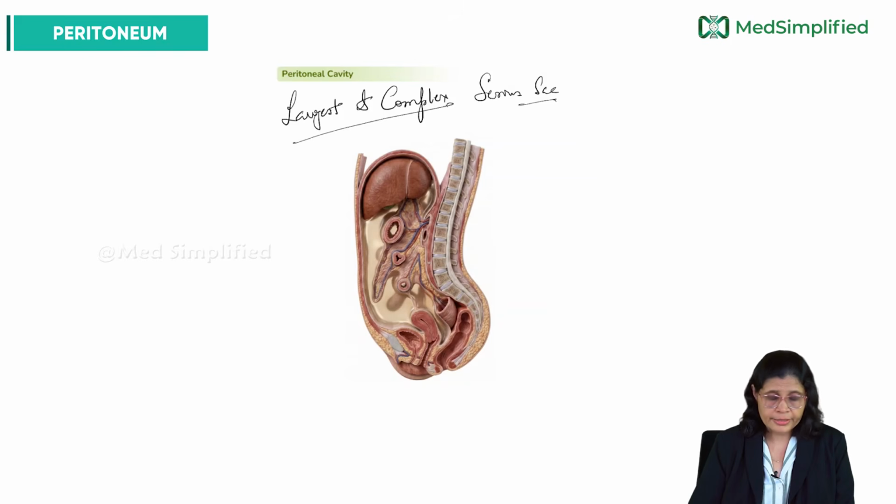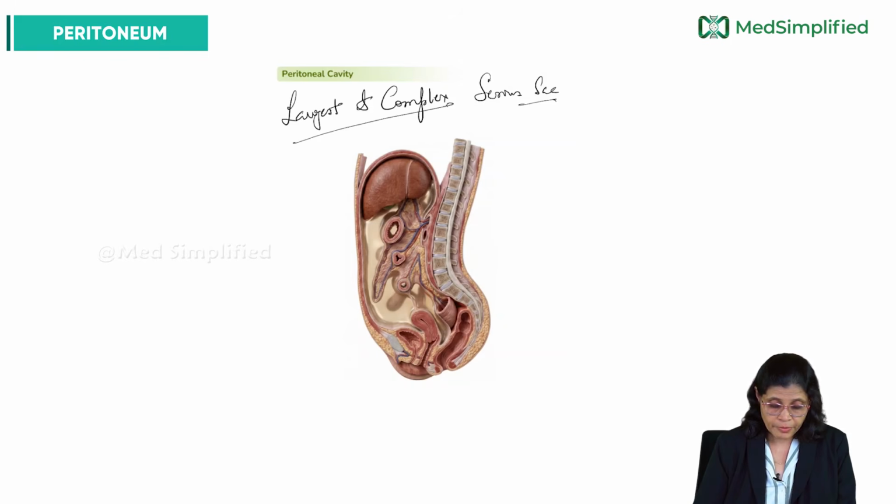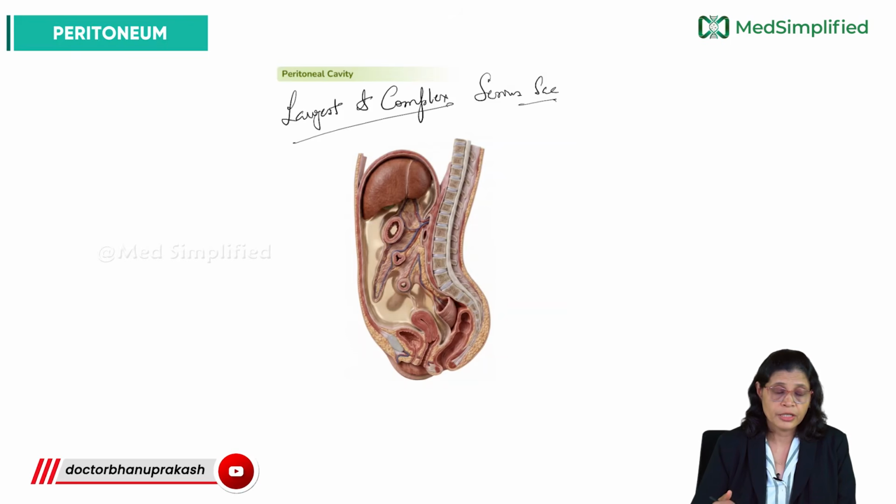So now in males, this peritoneal cavity is a closed sac. It will not make any communications with the pelvis, with the lesser pelvic structures. But in the females, through the pelvic ostia, the ovaries and the fallopian tubes have the communication to the peritoneal cavity.